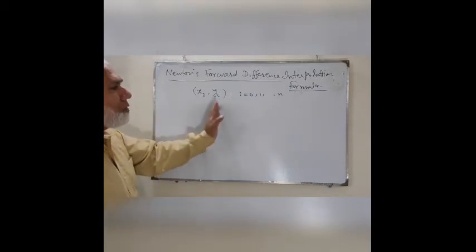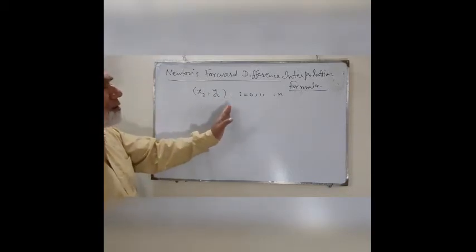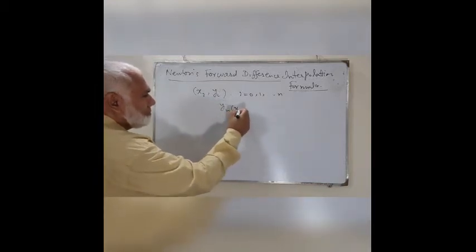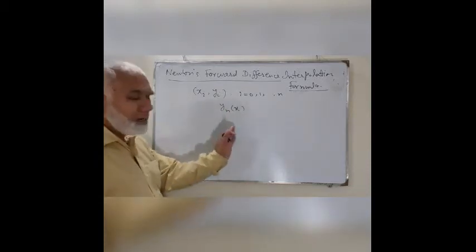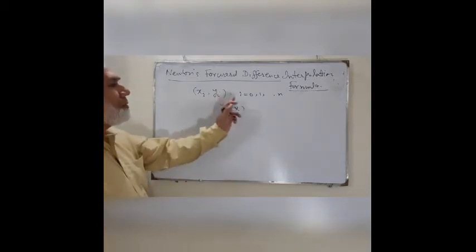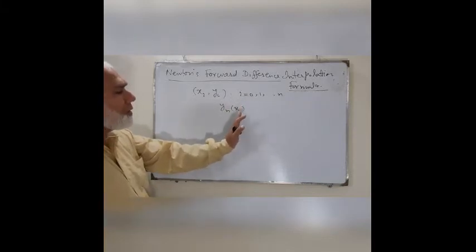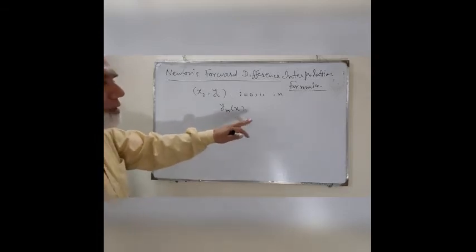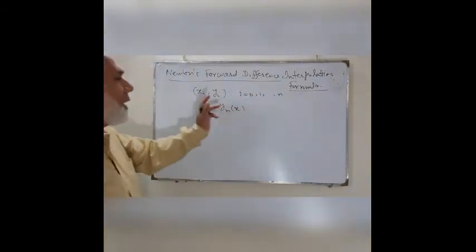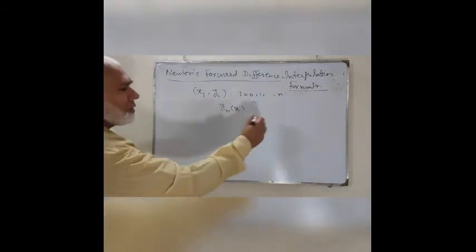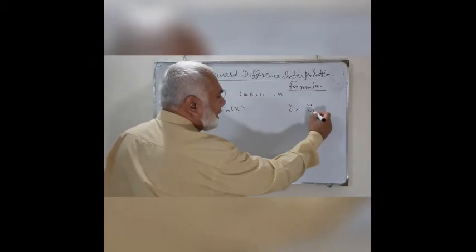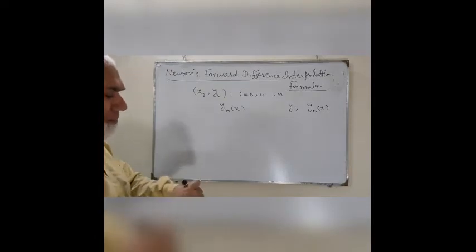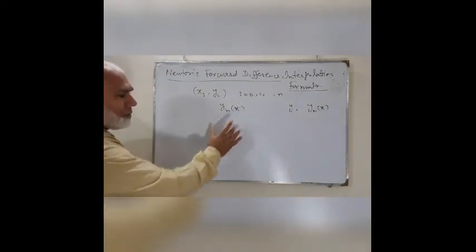Now we are going to approximate these points with an nth degree polynomial, say yn of x, assuming that the output of this nth degree polynomial is equal to the value of y from these sets. In other words, y and yn of x are going to be almost the same.